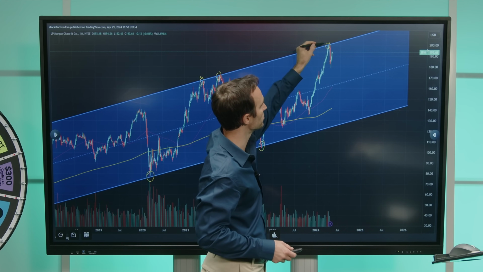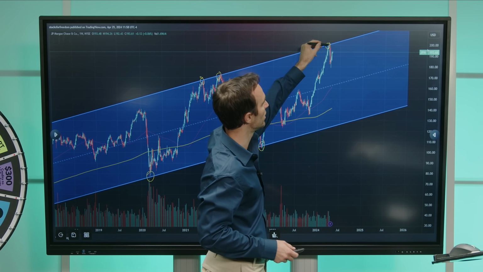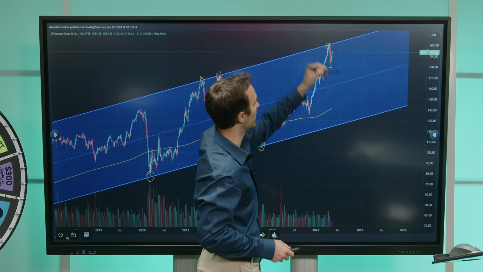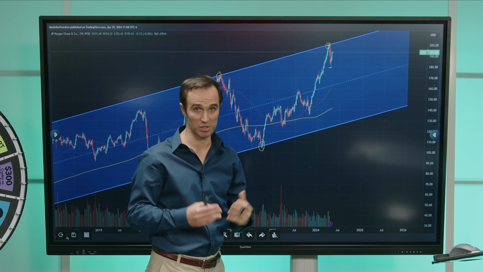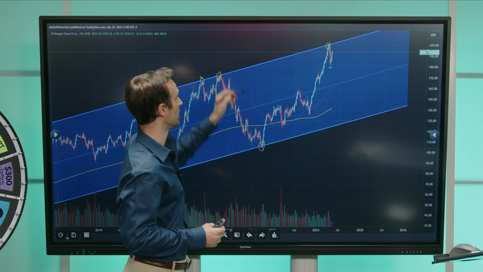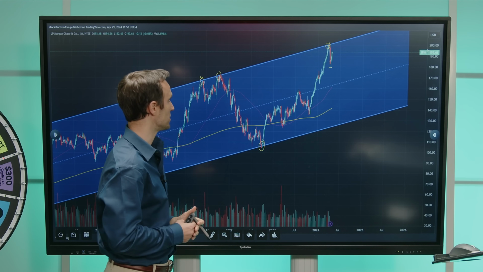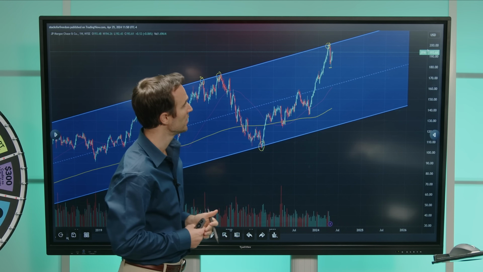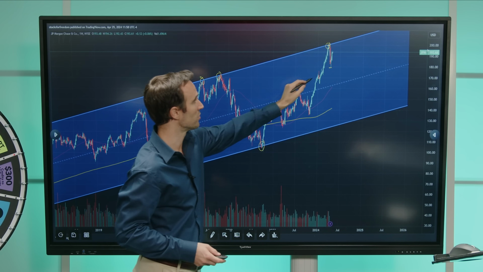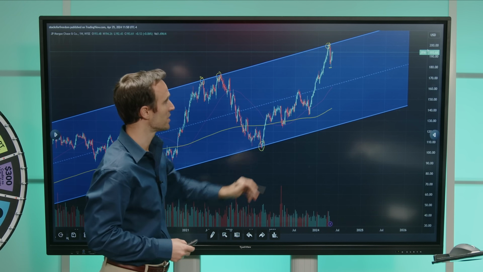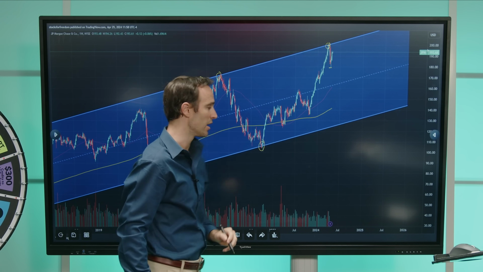Look at this major pullback from around $200 to about $180 on JP Morgan just because this parallel was there or this trend line was there. So really amazing when you start to see how this works. And again, this is about a 10% drop on JP Morgan. This would have been a great level to take profits had you entered in that area, okay?